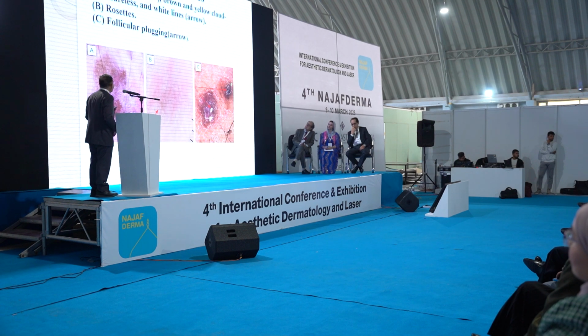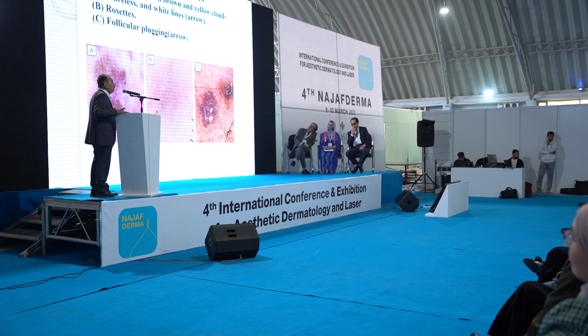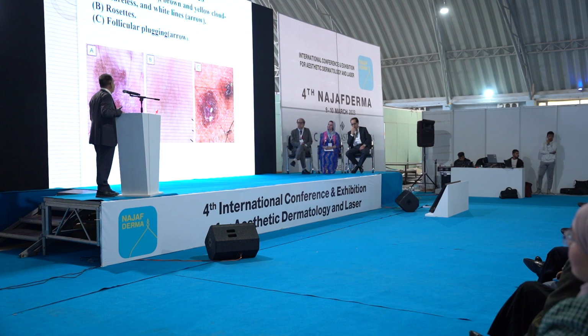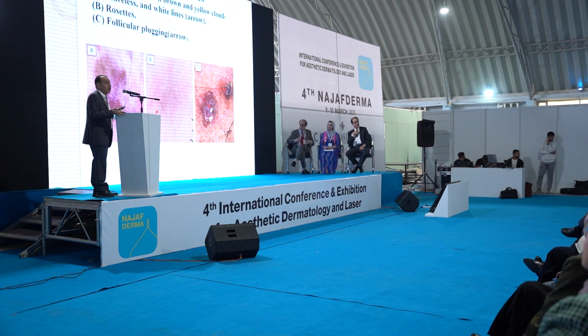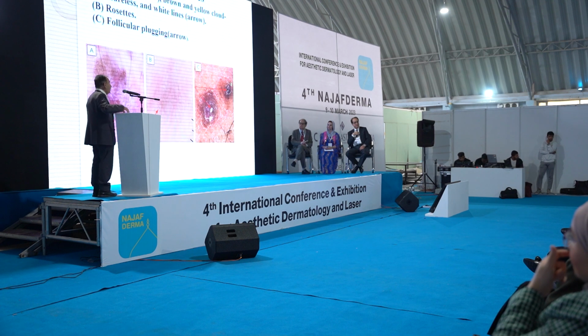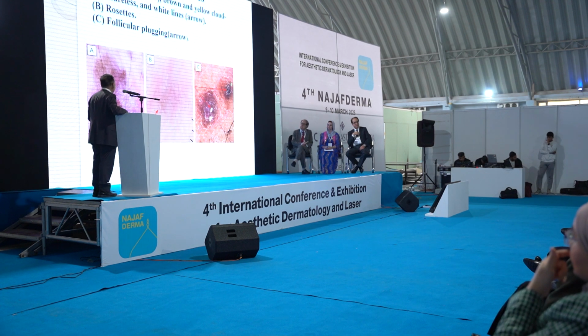Now, the follicular structures are sometimes characteristic of lichen planus. The picture on C, you see follicular plugging. Similar to that, you see in the discoid lupus. Also, you see it in lichen planus.